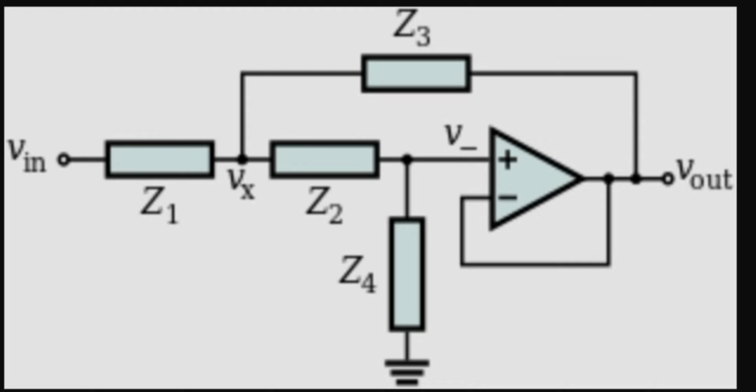From DC up to a cutoff frequency of the filter as set by the impedances, your signals will be filtered and passed to the output. That is called the pass band of the circuit. But after the cutoff frequency, your signal will be attenuated by the filter and output will be zero.